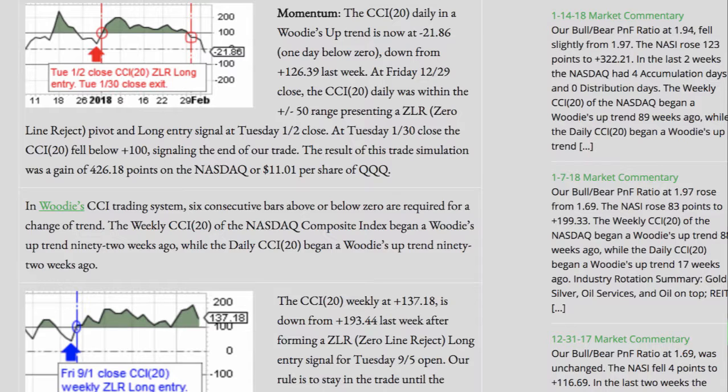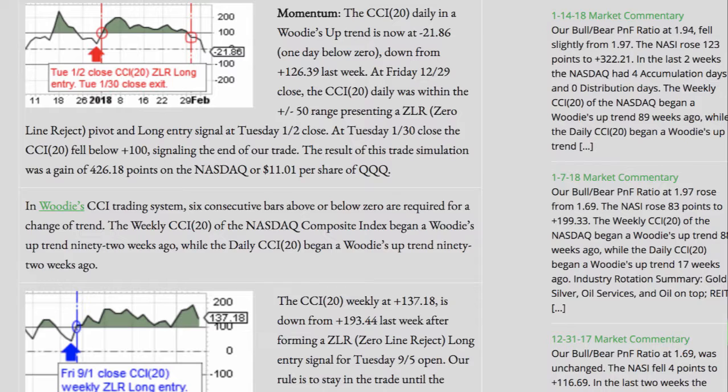At Tuesday 1:30 close, the CCI 20 fell below plus 100, signaling the end of our trade. The result of this trade simulation was a gain of 426.18 points on the Nasdaq, or $11.01 per share of QQQ.